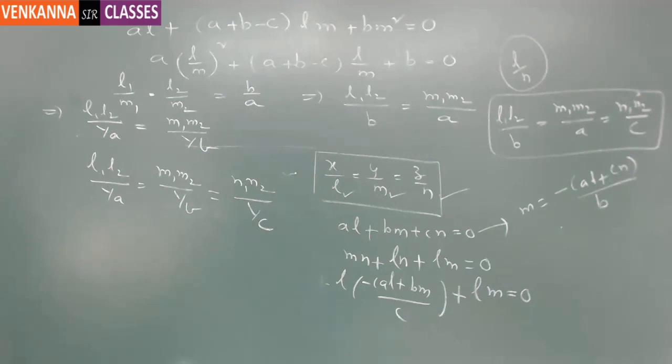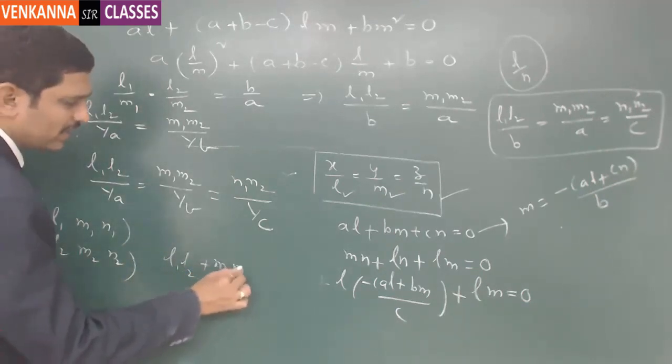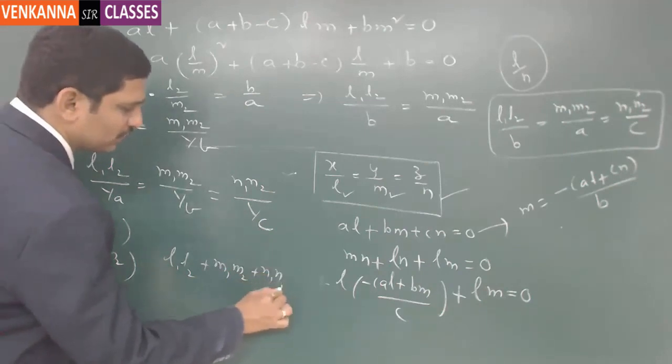Now, the question is, given the two lines of intersection that you are going to calculate, if they are perpendicular, you have to show some condition. If L1, M1, N1 are DCs of one line and L2, M2, N2 are DCs of the other line, then as per the perpendicularity condition, you have L1 L2 plus M1 M2 plus N1 N2 equal to 0.